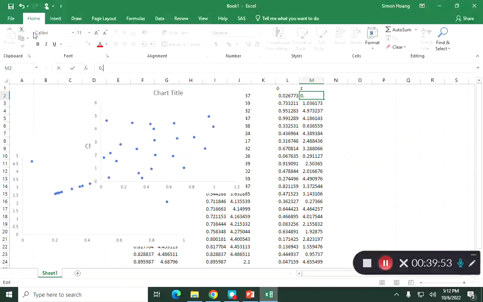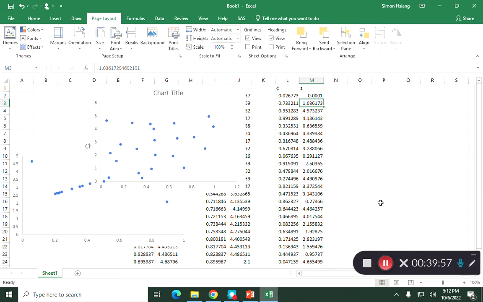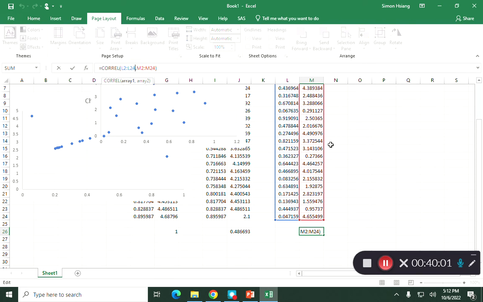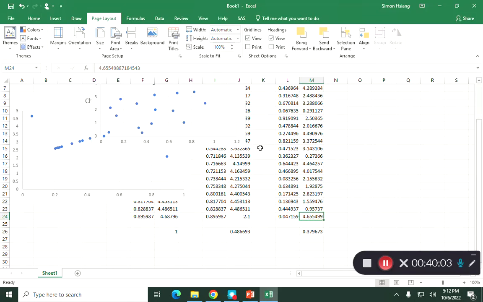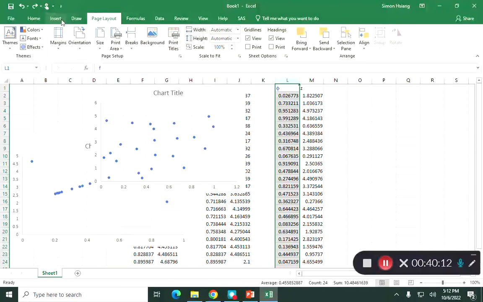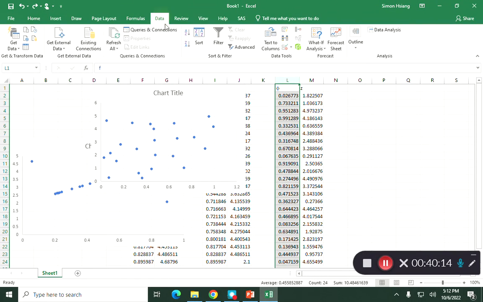Look at the correlation coefficient, improve quite a bit already. And then on the other hand, oh, I should sort this. Give me a sec. Data sort.